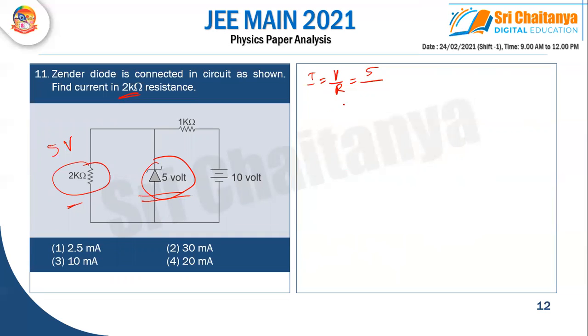I is equal to V by R, and 2K ohms is 2 into 1000 ohms. Now I'll be getting 2.5 into 10 to the power of minus 3, and 10 to the power of minus 3 is milliamp. For that reason, the first one is the right option.